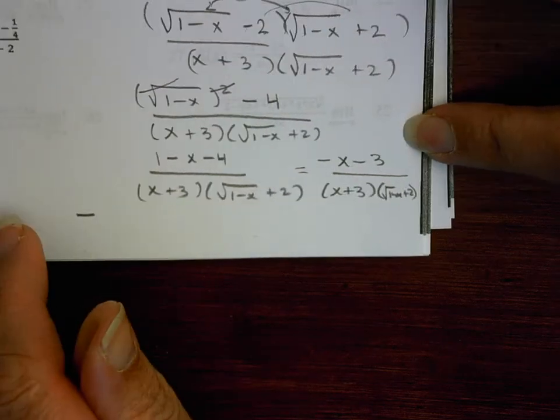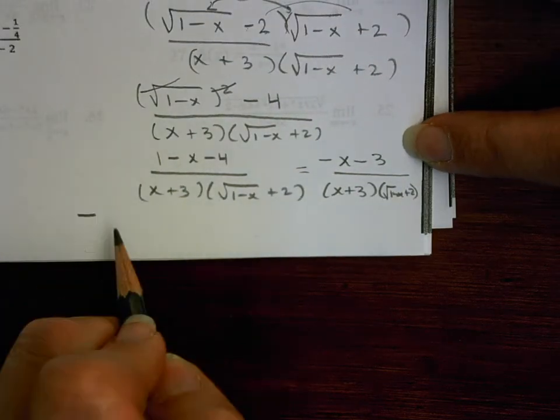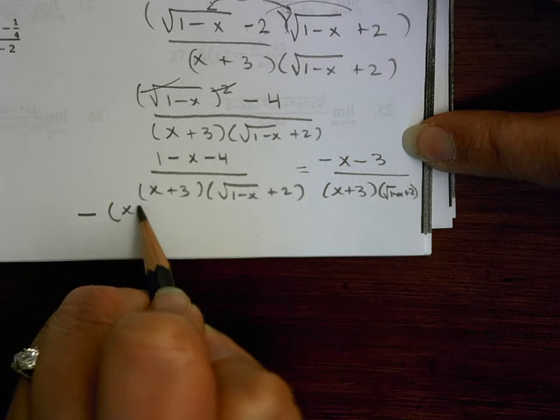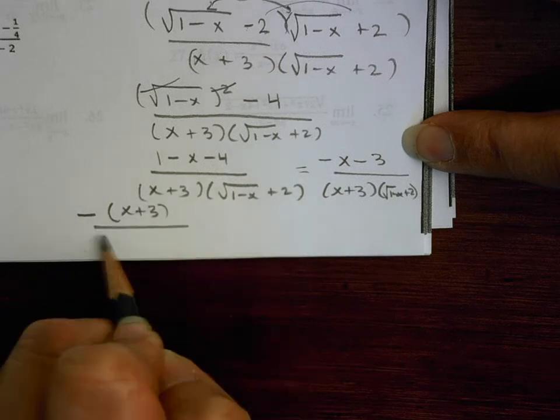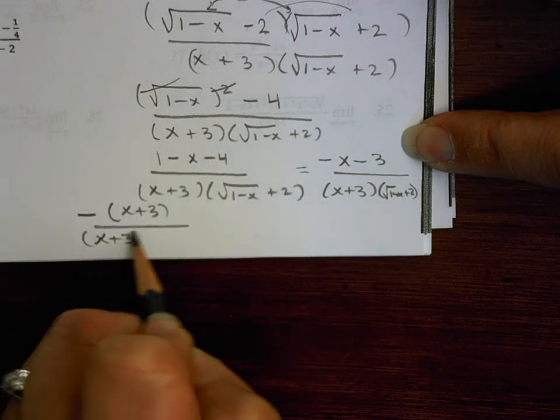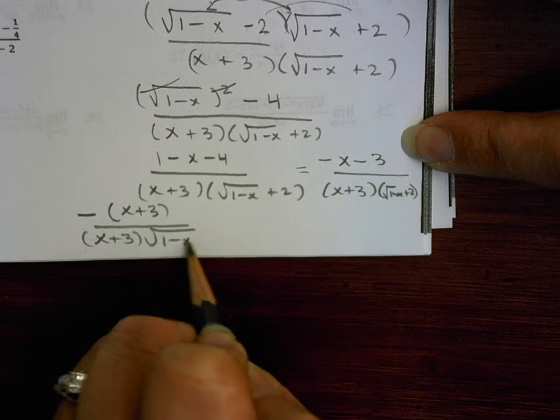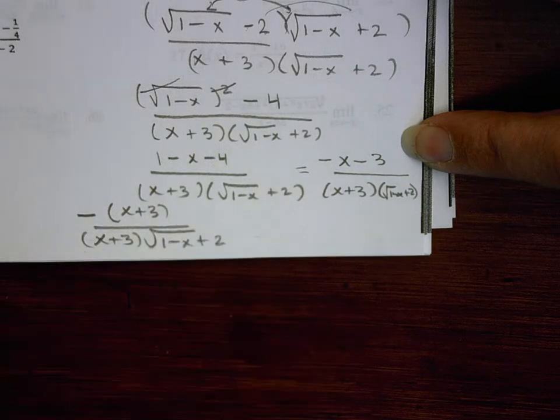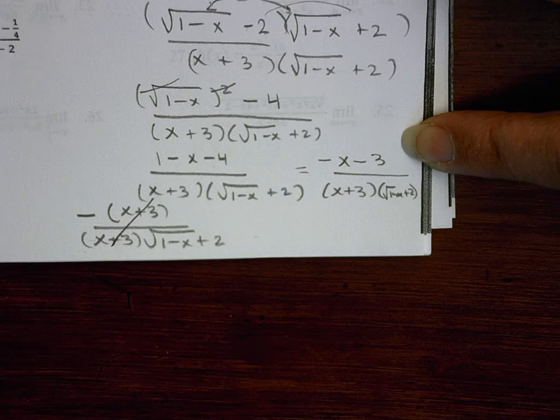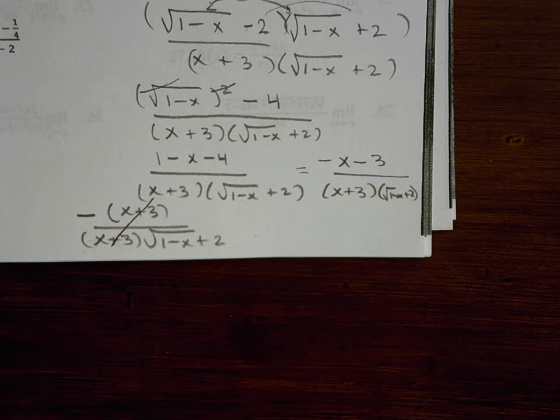Let me come to this side a little bit. And then that cancels here. And as soon as I get that factor canceled, then I want to take the limit.